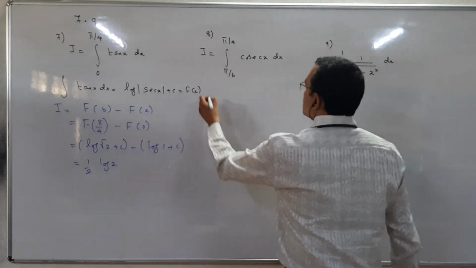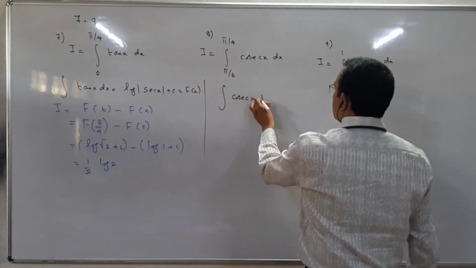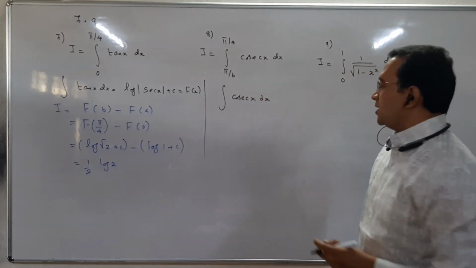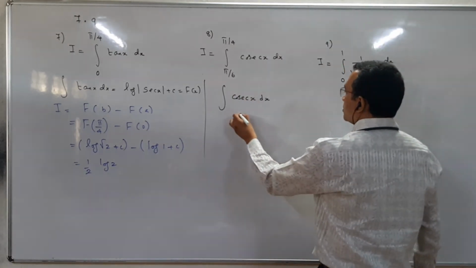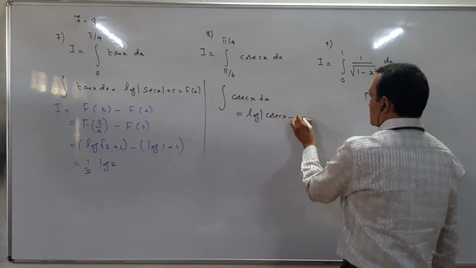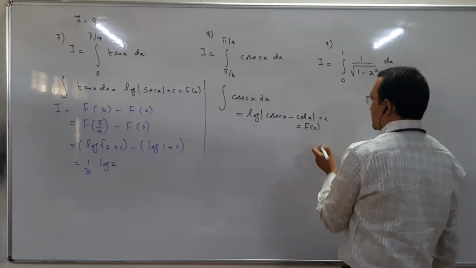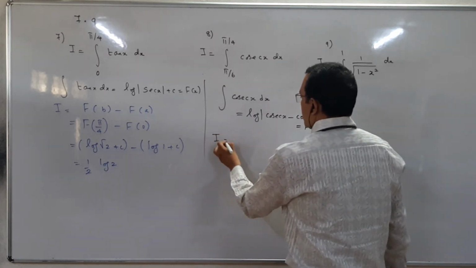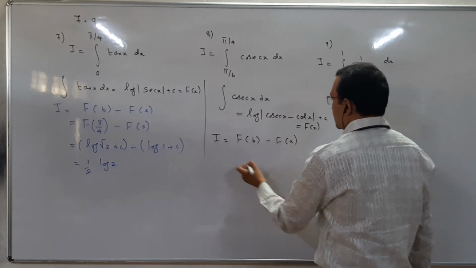Now, students, here first of all I will operate indefinite integration. Integration cosec x dx is log mod cosec x minus cot x plus c, which is equal to capital F of x according to second fundamental theorem of integral calculus.